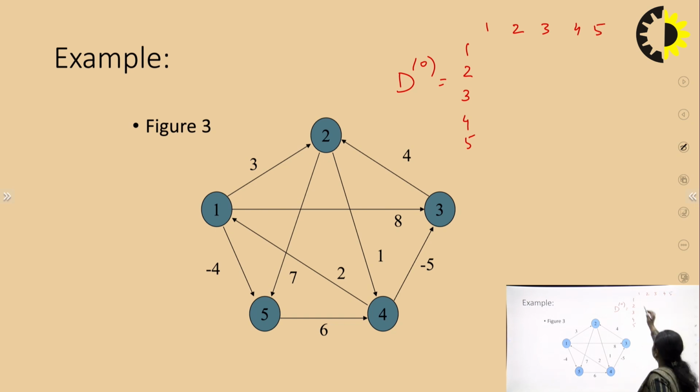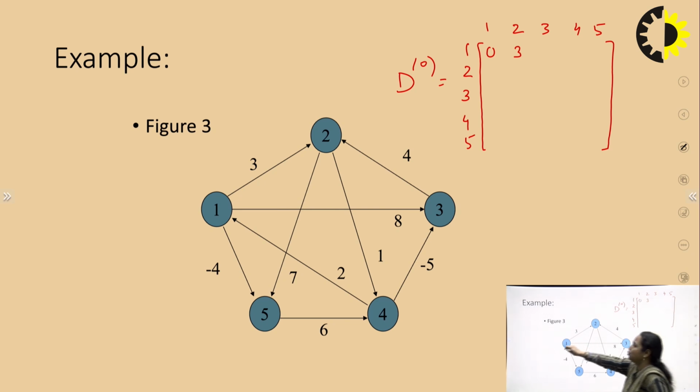Now fill in the weights which are given in the matrix. As you can see, from 1 to 2 the weight is, sorry, 3. So 1 to 2 weight is 3, we will write 3 here. 1 to 1 weight is 0, as there is no self loop attached here.